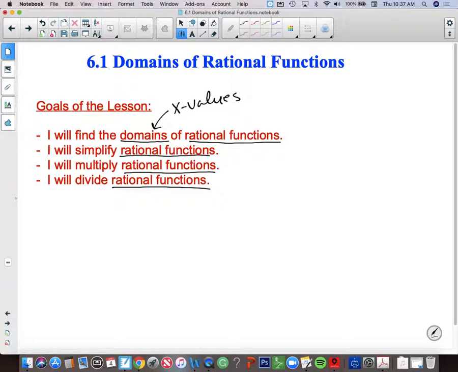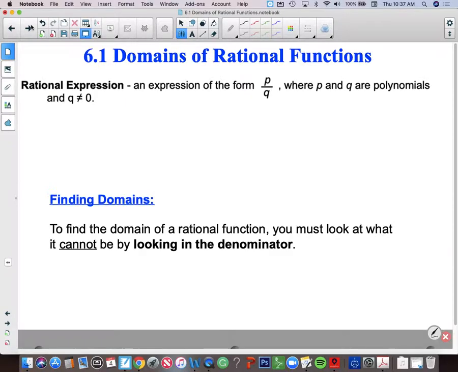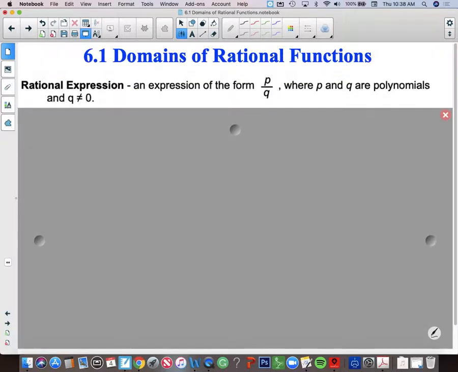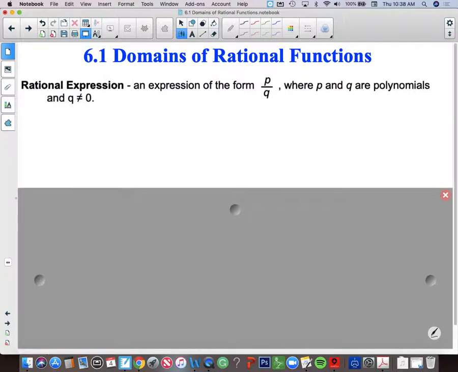Looking at what rational functions, or rational expressions, are: a rational expression is an expression of the form p over q, where p and q are both polynomials, and q cannot equal 0. Something really simple to compare this to would be 1 over x.